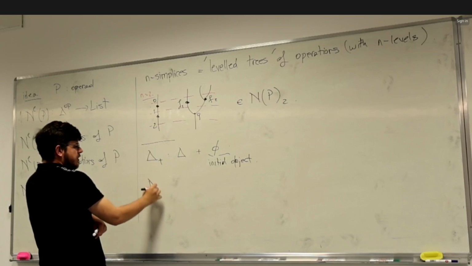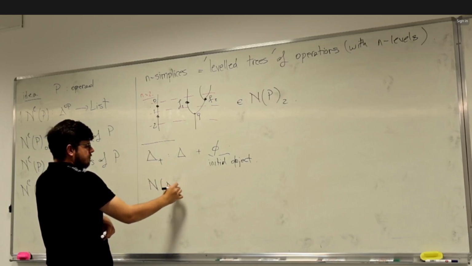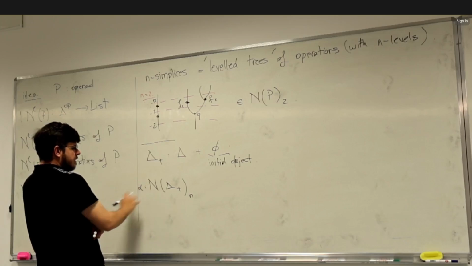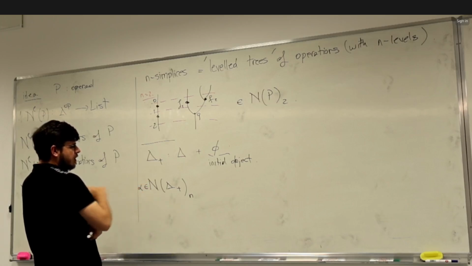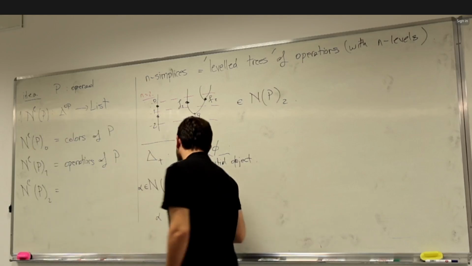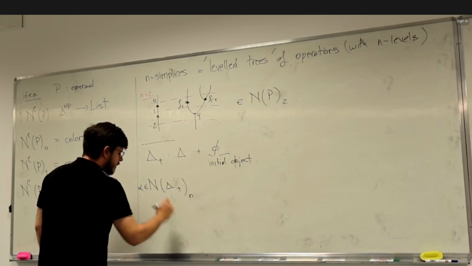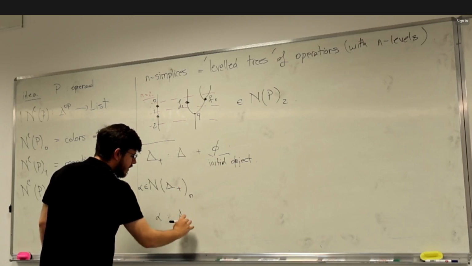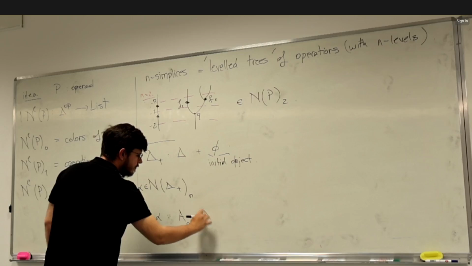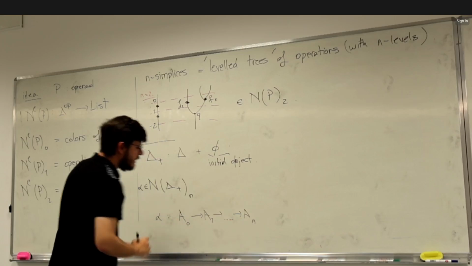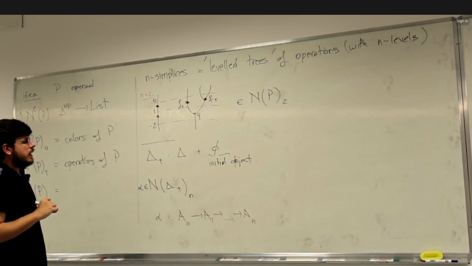We take its nerve, and say n simplices: take an element here, call it alpha. These will be just a sequence of ordered sets and functions, something like this.